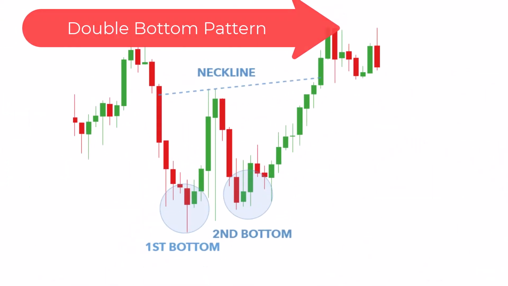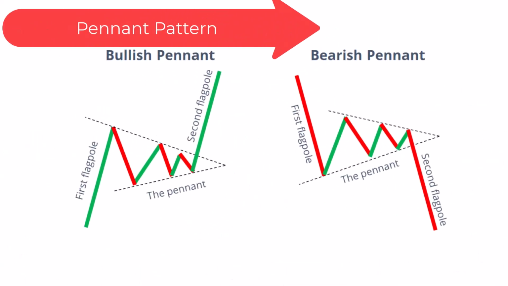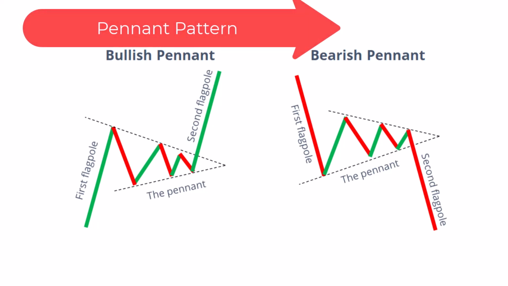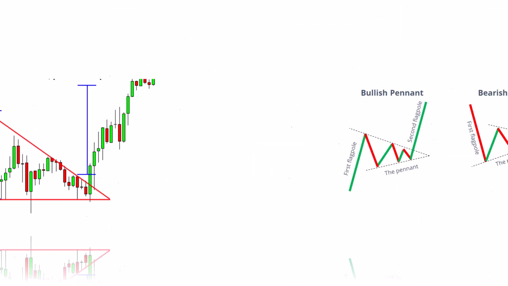3. Double bottom. A series of candlesticks that form two troughs and a peak, resembling the letter W within a given time horizon. 4. Pennant pattern, marked by a sharp advance or decline, followed by a sustained period of small swings falling within specific support and resistance levels. 5.